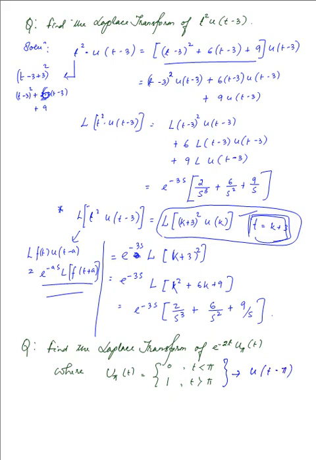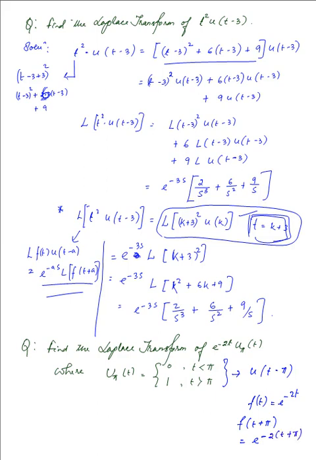For the Laplace transform of e raised to the power minus 2t, f of t here is e raised to the power minus 2t. So what will be f of t plus pi, because we are going to use the second shifting theorem. f of t plus pi is simply going to be e raised to the power minus 2 times (t plus pi).